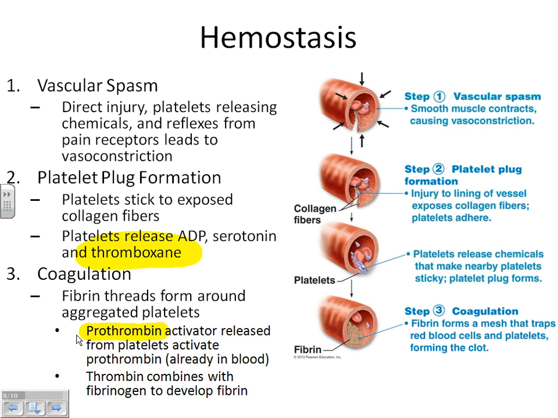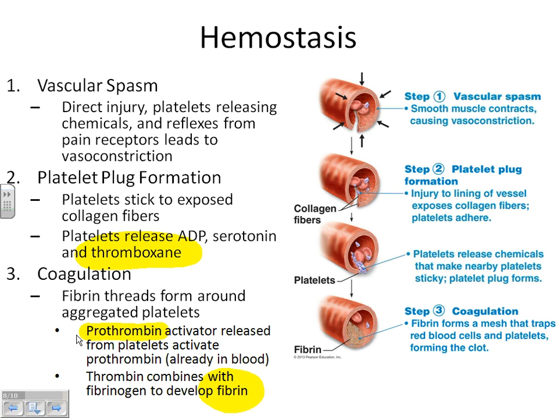Prothrombin then turns into thrombin. I know this sounds horrible, but thrombin combines with fibrinogen, ultimately forming, here's the important word, fibrin. Fibrin is the name of the protein that makes the scab.